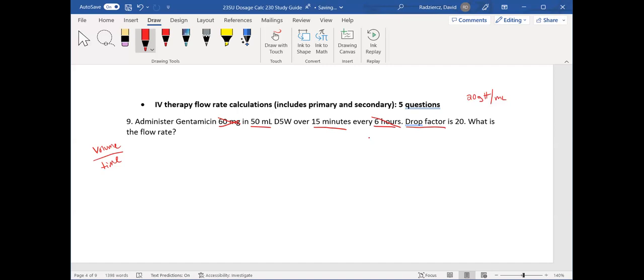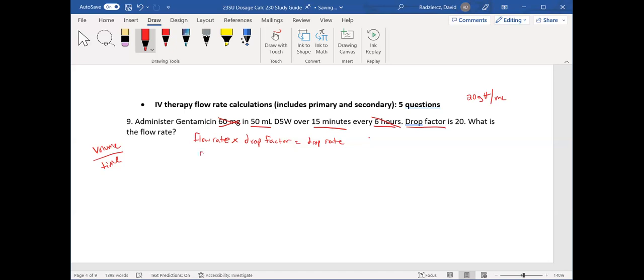So when I'm calculating a drop rate, I need to know 2 things. I need to know my flow rate, and I need to know my drop factor. That will give me my drop rate.